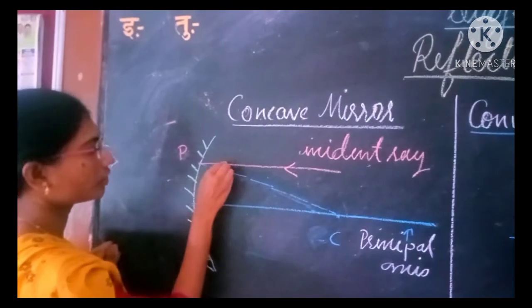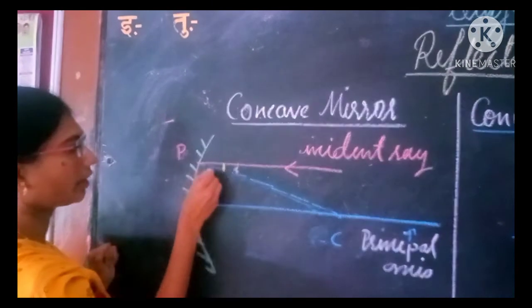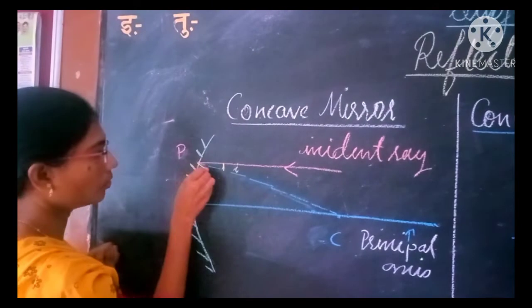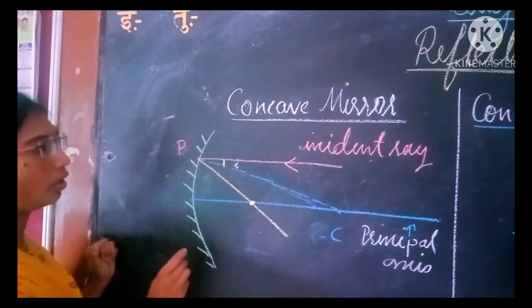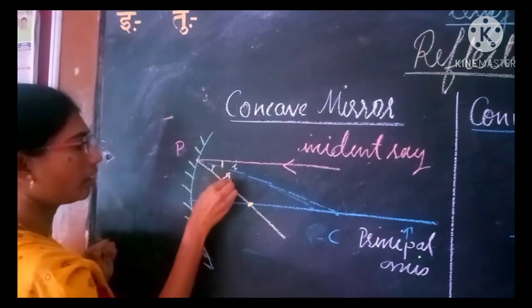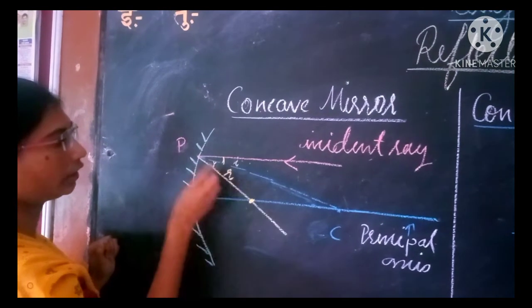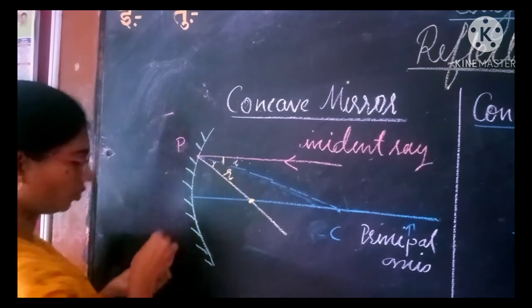What is the law of reflection? The angle of incidence and angle of reflection are the same. So, it is going to reflect following the law of reflection. This angle I and angle R, both the angles are equal, and this line is the normal.